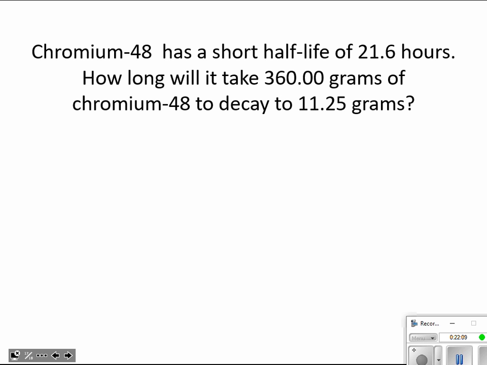So what I need to do, ladies and gentlemen, is not use my equation. I'm going to start here with my 360, and I know that half of 360 is 180, right?